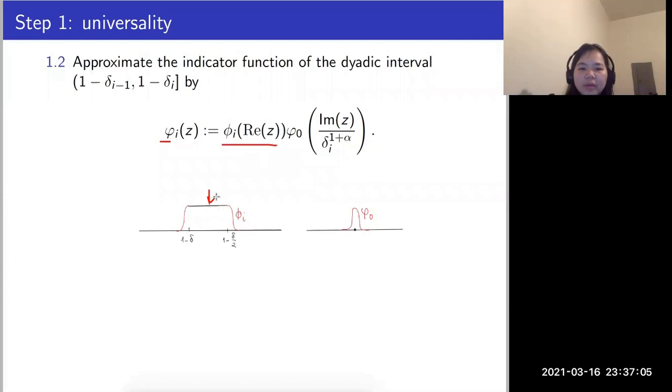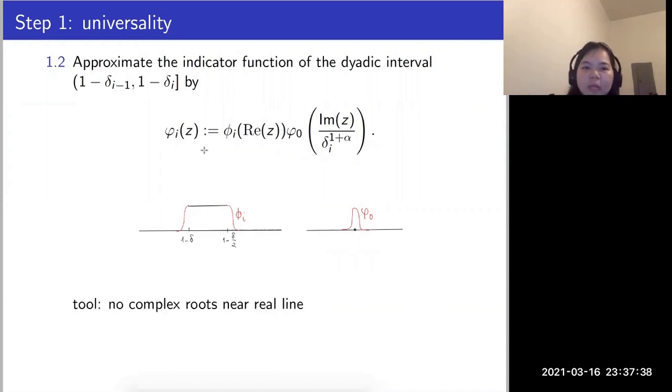This is the real component that we see on the left, and then the complex component. So here is I, where we have the complex part. The real roots are where phi I equals 1 when the real part is 0, and it's something very tiny here to approximate the indicator at 0.